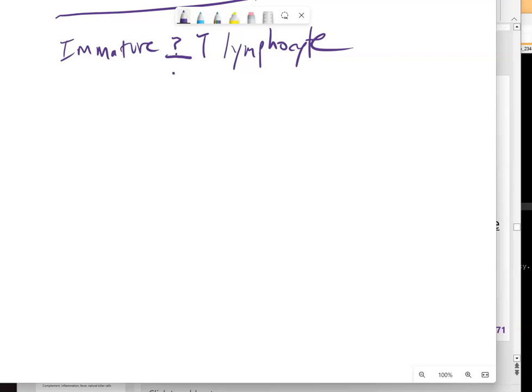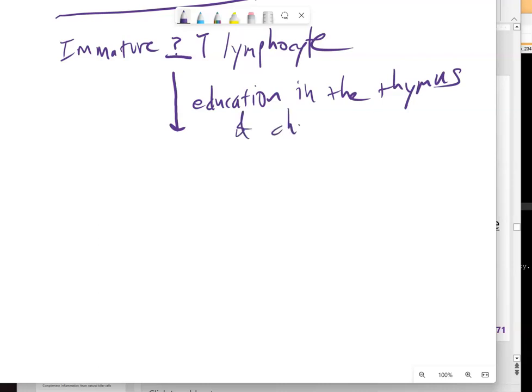So it goes through education. T cells are educated in the thymus, and specifically of children and adolescents. So that's where education happens. If you're an adult or adult-ish, chances are you're done educating your T cells. So remember I said that a lot of cells die during this process.